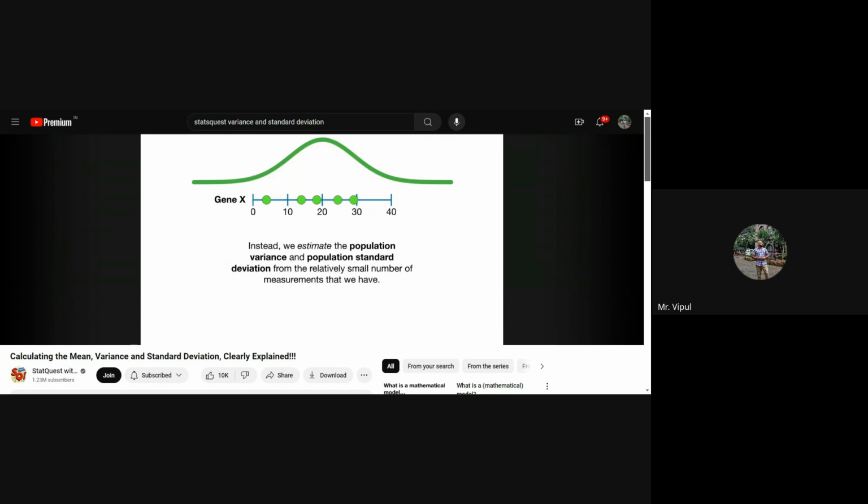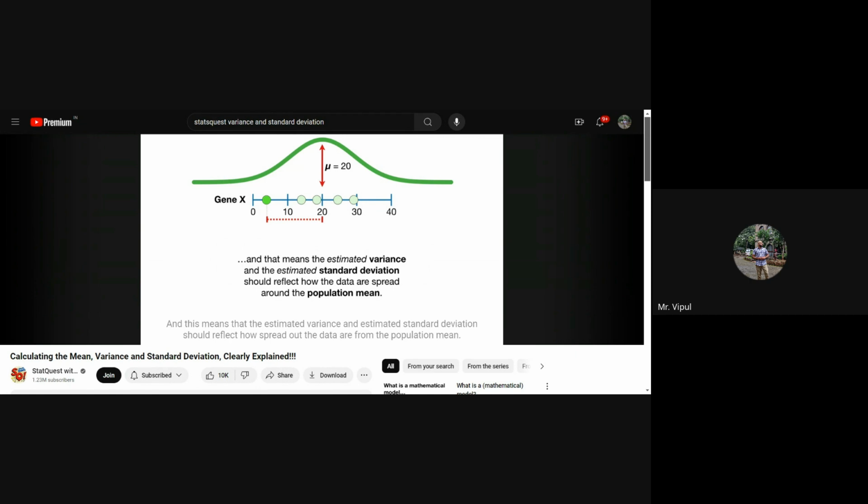Note, before we move on, I want to emphasize the point that we almost never have the population data, so we almost never calculate the population mean and population variance and standard deviation. Instead, we estimate the population variance and population standard deviation from the relatively small number of measurements that we have. Remember, the population variance and standard deviation determines how much the curve spreads out.